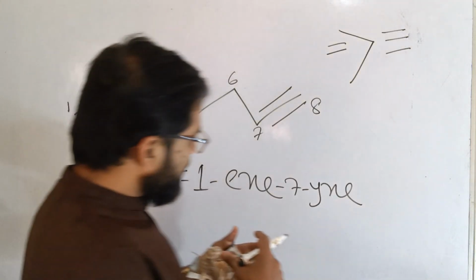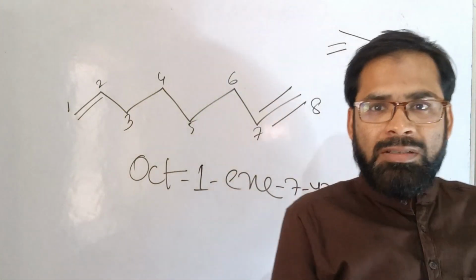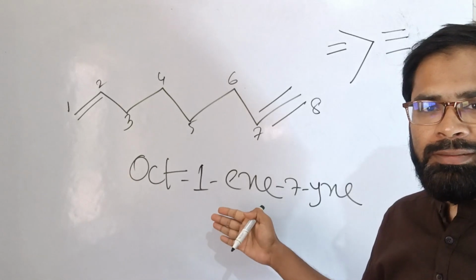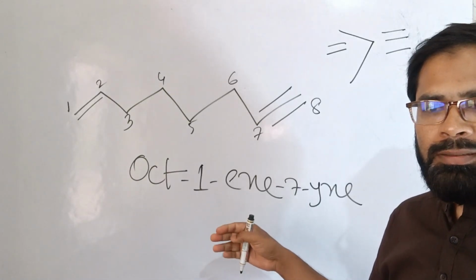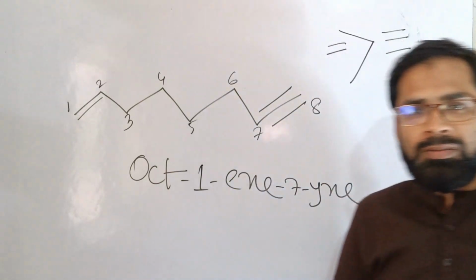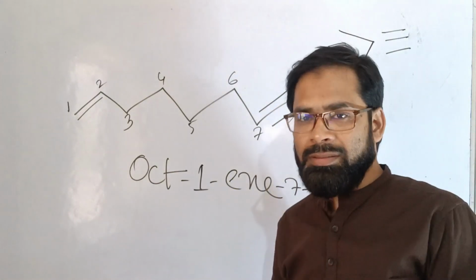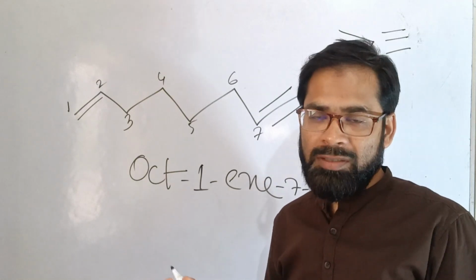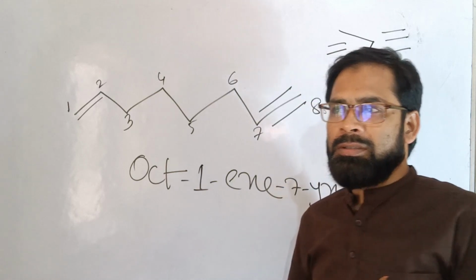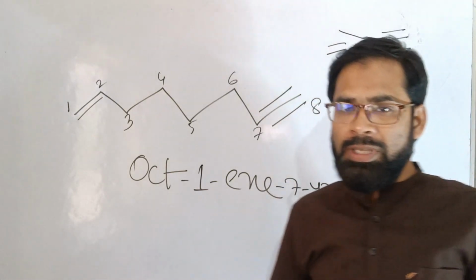I think you got the overall concept about alkenes and alkynes. From the next class, we'll start the functional groups, all the other functional groups, one by one. So now you only have to practice.